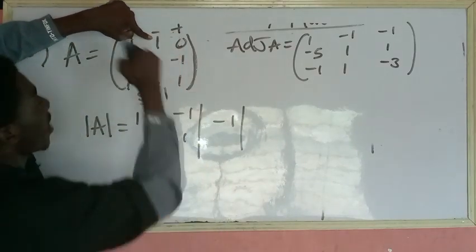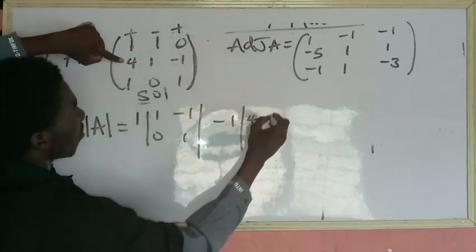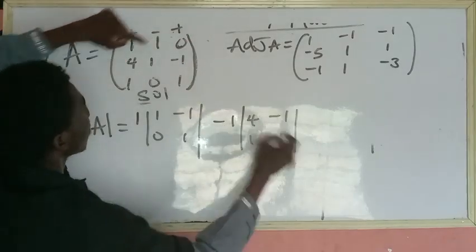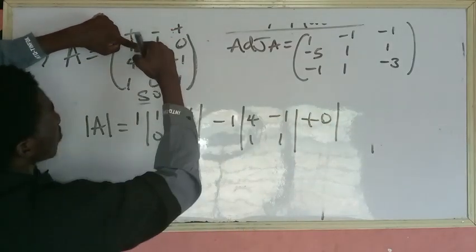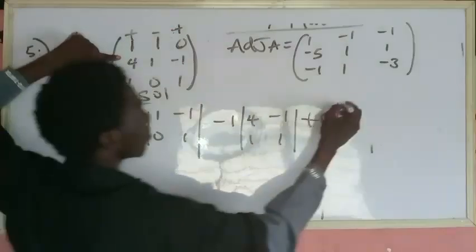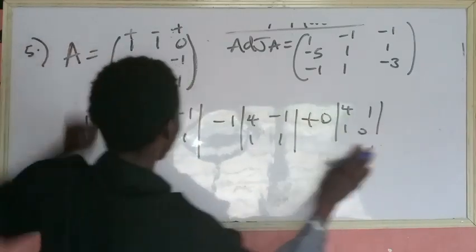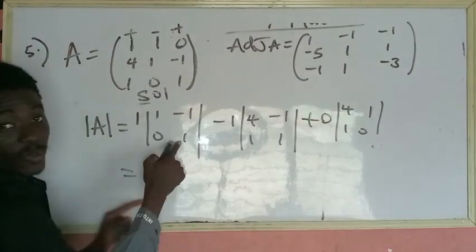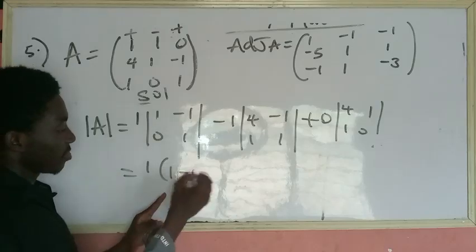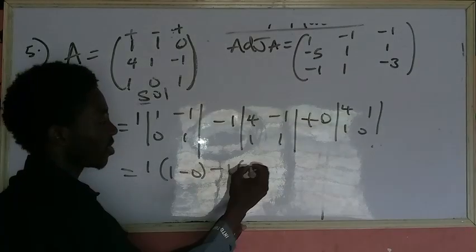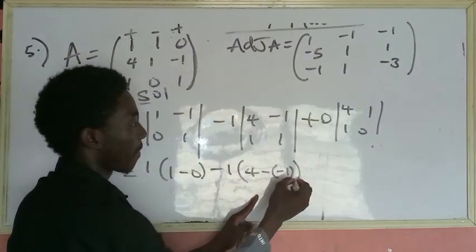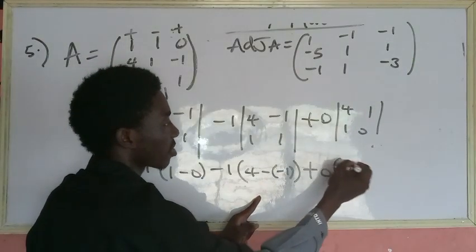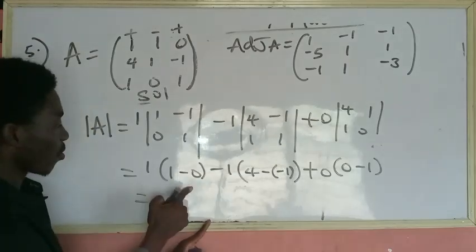Minus 1 blocks this column and this row. So I'll have 4, minus 1, 1 and 1, plus 0 times column and row, 4, 1, 1 and 0. So the 1 times 1 is 1. 0 minus 1. 4 times 1 is a 4. This is minus 4. Plus 0 times 0 minus 1.